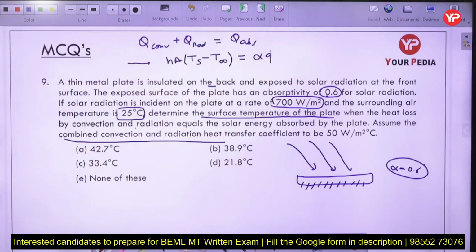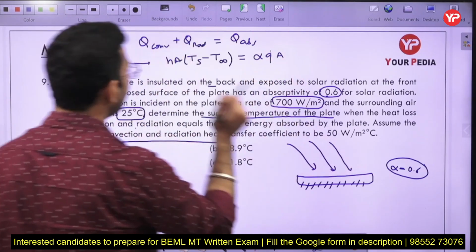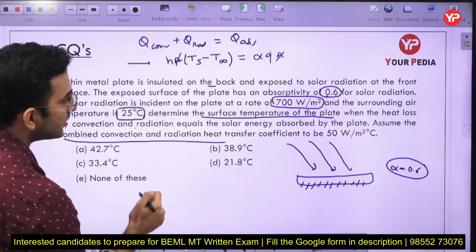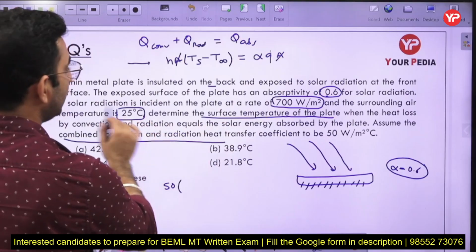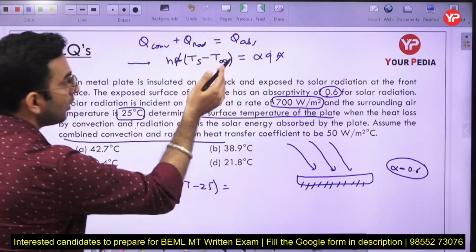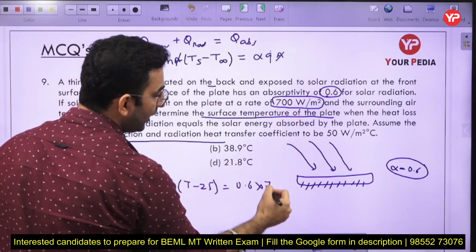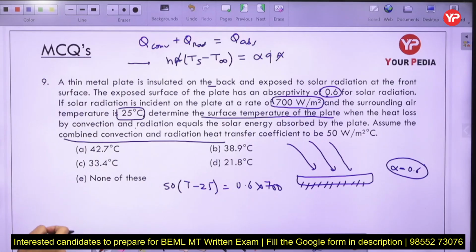Okay, this expression can be written here. In this case you can also multiply it with the area, and the area will be cancelled out. The value of h is given to us as 50 and the surrounding air temperature is 25. Correspondingly 0.6 is the absorptivity and the total incident radiation is 700 watt per meter square.